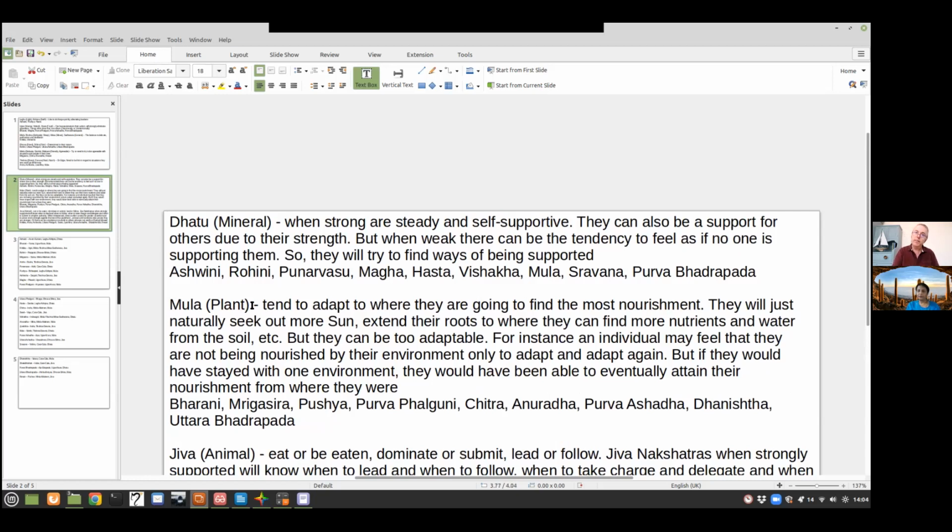And each of these kingdoms has a lesson that's connected to it for the person who has a planet in that nakshatra. So the lesson of the mineral kingdom is about being strong enough to be self-supportive, okay? Being strong within yourself and being able to be self-supportive, and also being in a position to be a support for others due to being self-supportive yourself.